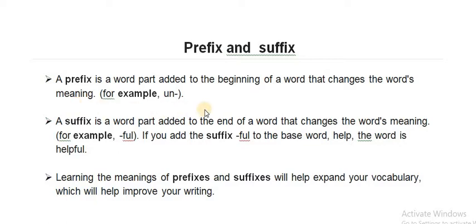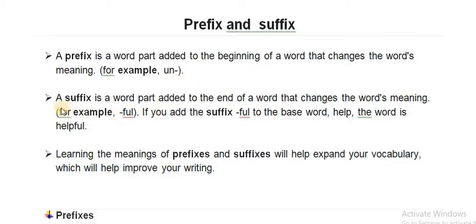Suppose happy is a root word or basic word, and before happy if we add un, that word will become unhappy. So un is a prefix and happy is a root word. When we combine both, un plus happy, that will become unhappy. Okay? I hope that you have understood this.